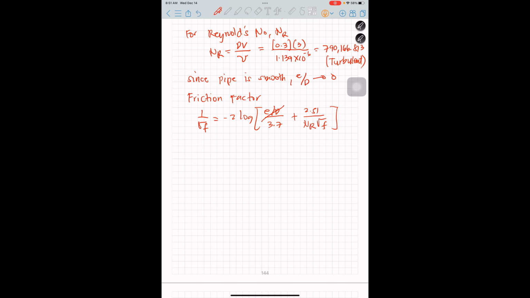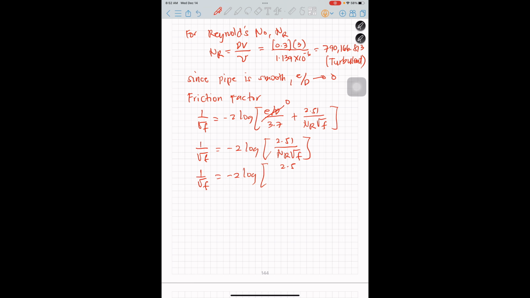Since the relative roughness for a smooth pipe is approximately equal to 0, you have 1 over square root of F equal to negative 2 log of 2.51 over NR square root of F. We will substitute the value of the Reynolds number into the equation.